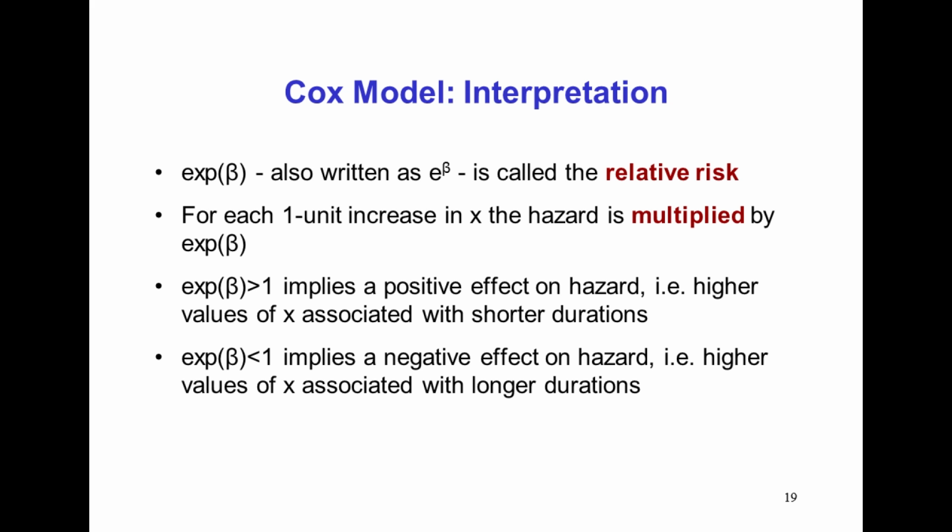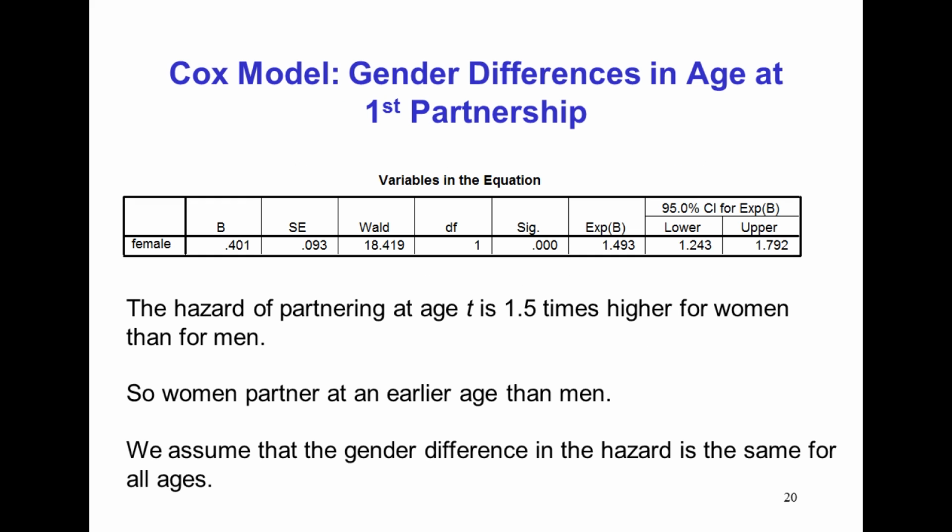Okay. A little bit on interpretation. Let me actually just move straight to an example. So it's always easier to explain interpretation then. This is a very simple model in that we've only allowed for gender effects here. All right, so we're looking at how the timing of first partnership differs for men and women.